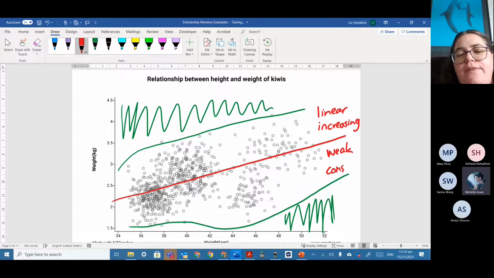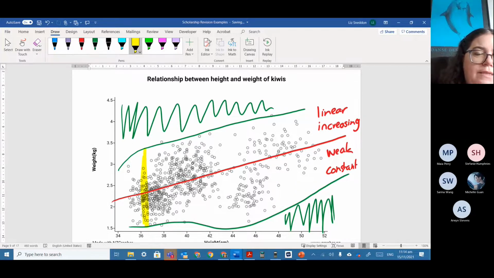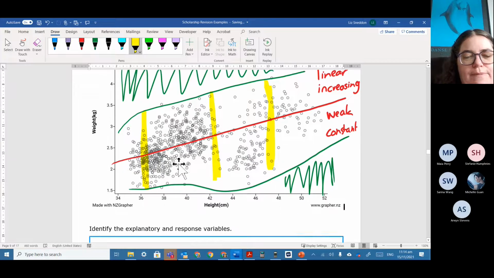The reason I can say it's pretty constant is if I look at how wide it is here and how wide it is here, there's a slight difference, but they're mostly about the same level of variation. So it's pretty constant variation going on. Okay, so that's what we want to write up and explain.